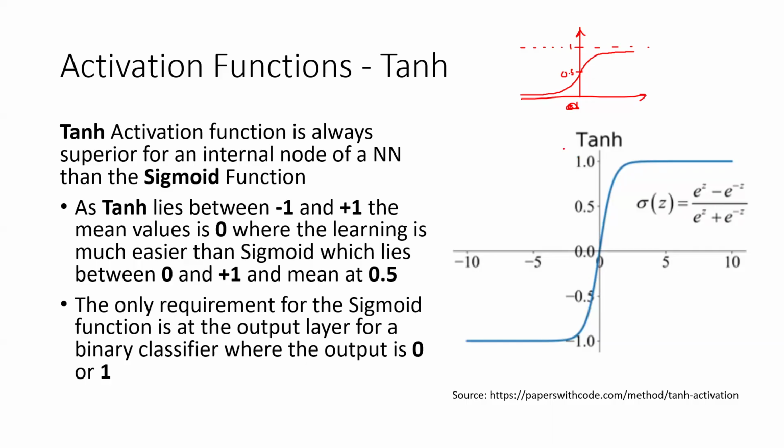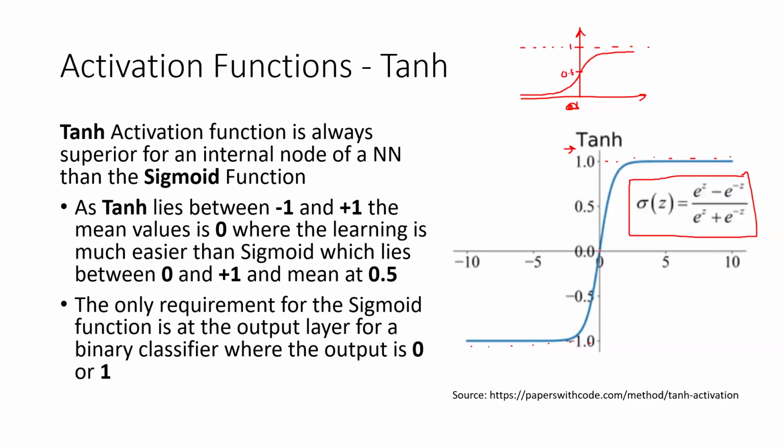So this is the tanh function, which is an alternative to the sigmoid function, which has the following equation, right? If we are using tanh as the activation function, this is the equation that we have to use: e to the power z minus e to the power minus z divided by e to the power z plus e to the power minus z. So this would range between +1 and -1.